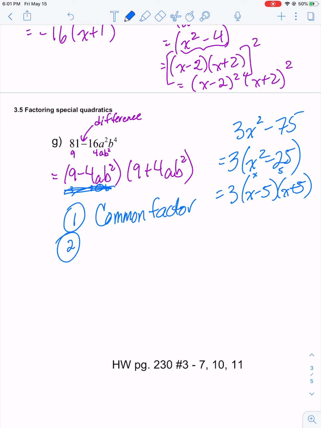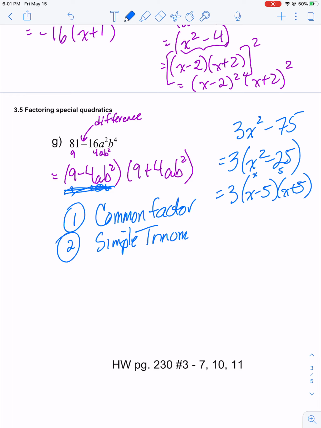Then you see, do you have a simple trinomial? Actually, you know what I asked myself first? How many terms do I have? If I have 2 terms, then I check to see if it's difference of squares.